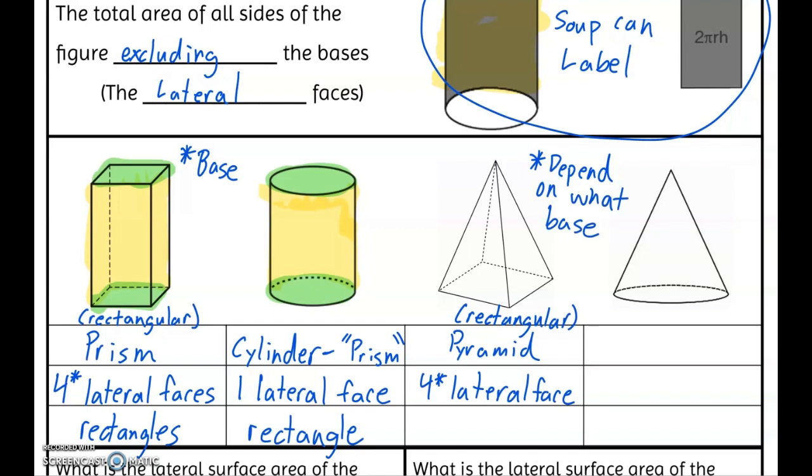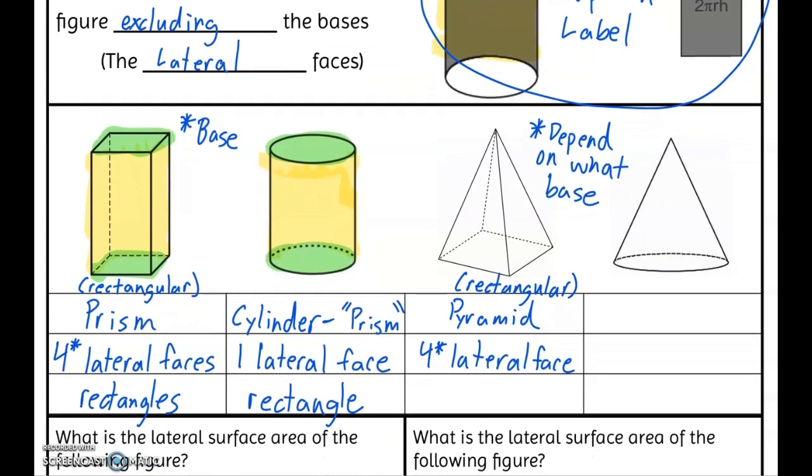So if the base here was a pentagon, we would end up having 5 lateral faces instead of 4. If it was a triangle, we would only have 3 lateral faces instead of 4. So the lateral faces depend on the number of sides your base actually has.